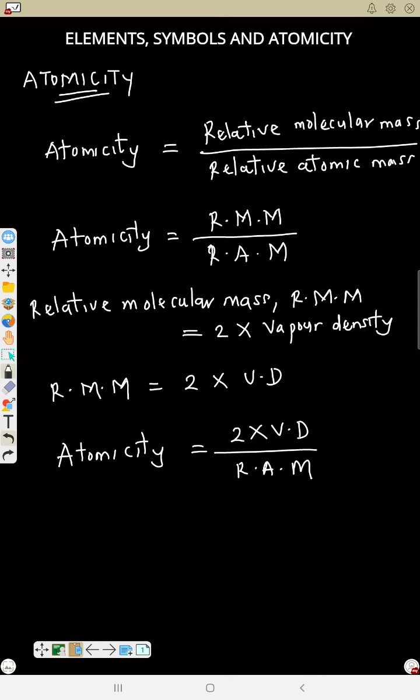Example 1. Determine the atomicity of each of the following elements.